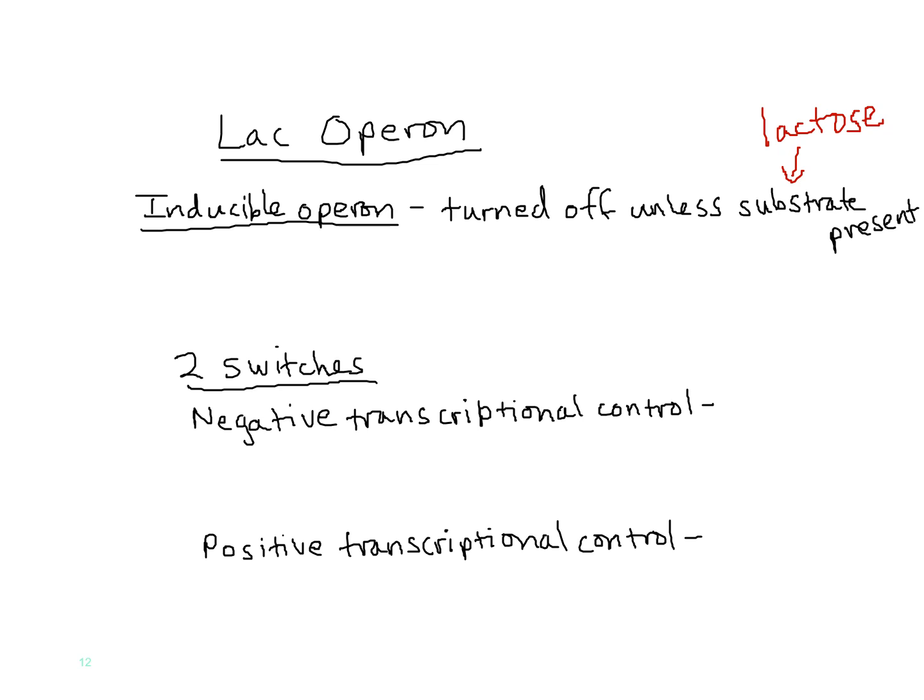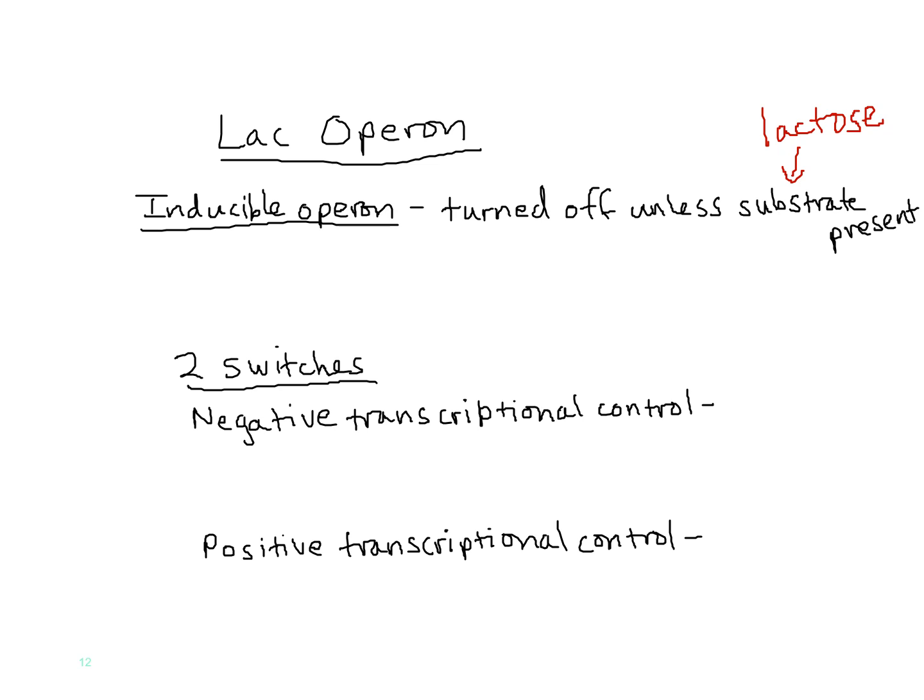Okay, so there's actually going to be 2 switches for the Lac operon. Okay, and it's just because they like to eat their favorite food first, the glucose, and then they'll eat the lactose. Okay, so we're going to have both negative and positive transcriptional control on the Lac operon.